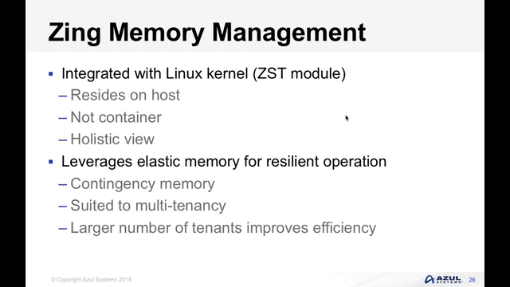And this really does lend itself to supporting multi-tenancy of JVMs on the same machine. Whether that's through containers, whether it's through virtualization, it will work in the same way. And the greater the number of tenants you have, the more it improves the efficiency of that.